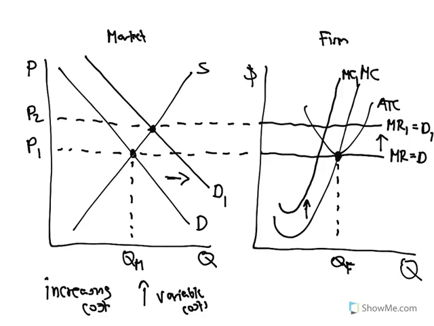And so now in the new long run equilibrium, what's going to happen here, the way we draw this matters because basically here's our new supply curve when firms enter, okay?